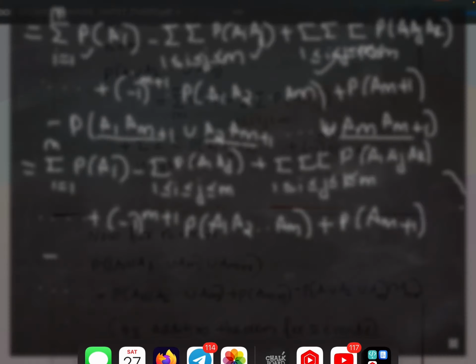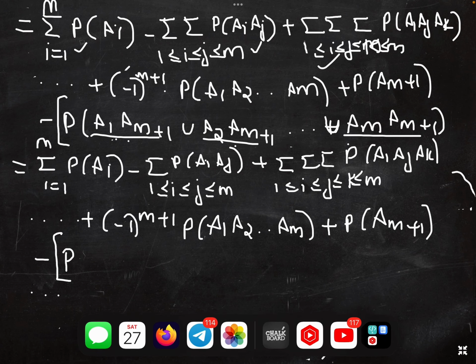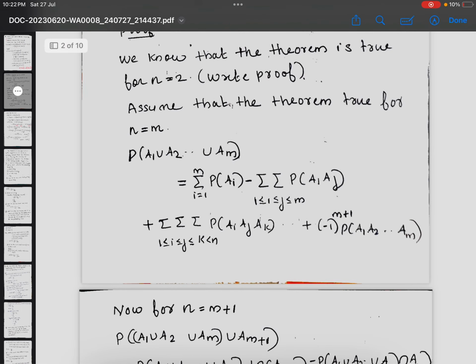That is minus P of A1 union A2 union etc. union A m, that is summation i equals 1 to m, P of A i.